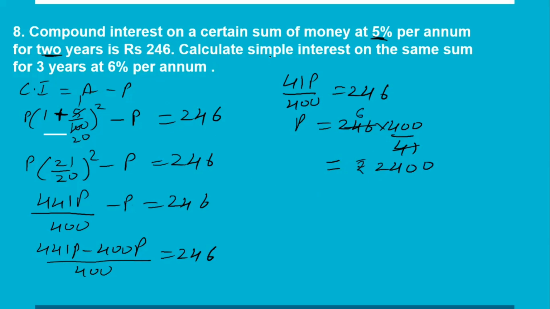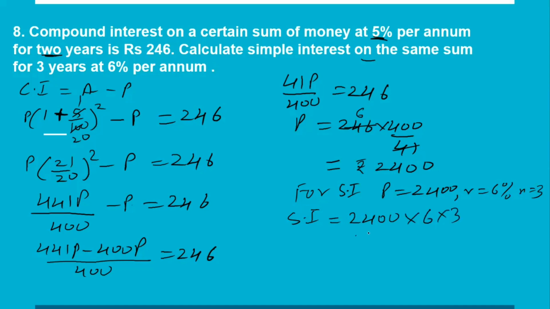Now you are asked to calculate the simple interest on the same sum. So for simple interest, the principal is equal to 2,400, the rate is equal to 6%, and N is equal to 3 years. So simple interest is equal to PRN upon 100, which is 2,400 into 6 into 3 upon 100.